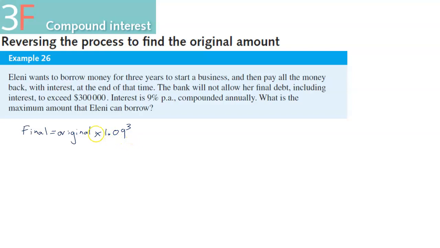Now we're trying to find what this original amount is. So we're going to divide both sides of our equation by 1.09 to the power of 3, because we're looking for the original amount. Now, because the bank will not allow the debt to exceed 300,000, I can substitute 300,000 in for this final amount.